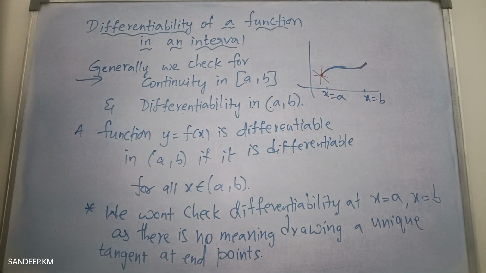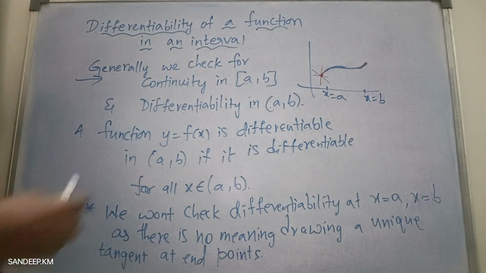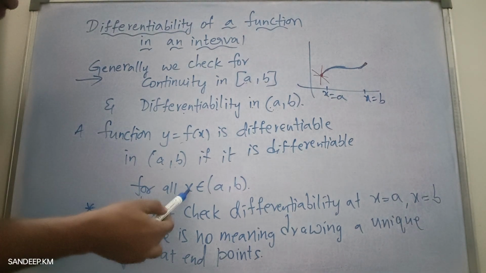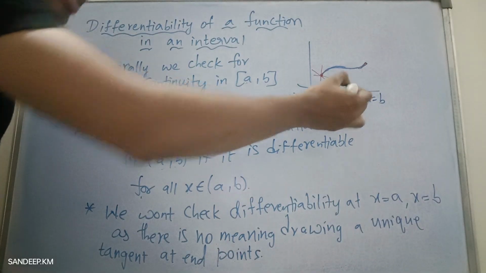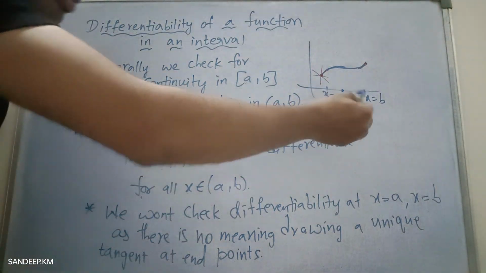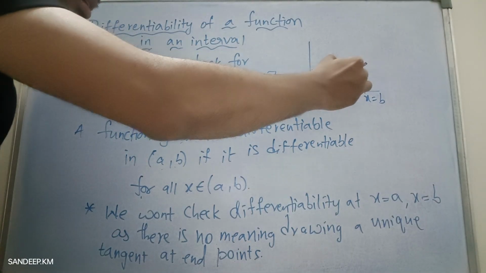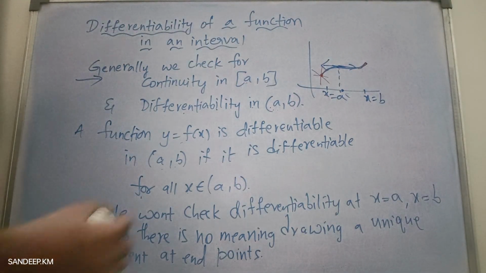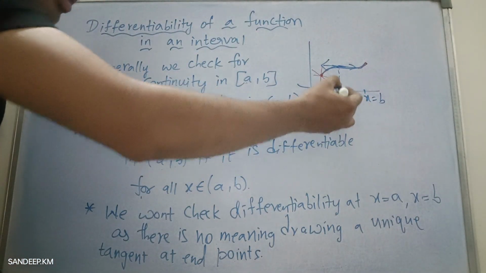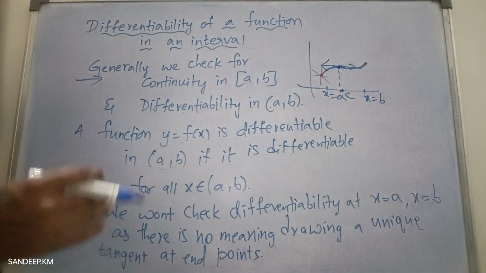Dear students, a function y is equal to f of x is differentiable in the open interval a comma b if it is differentiable at all x between a and b. That means you take any number between a and b, for example c. At this point it must be differentiable, which means we must be able to draw a unique tangent.